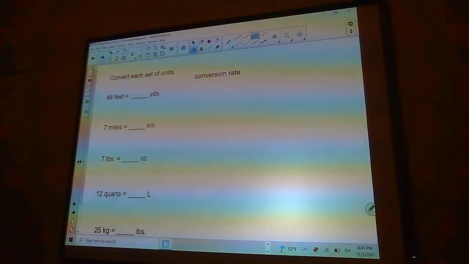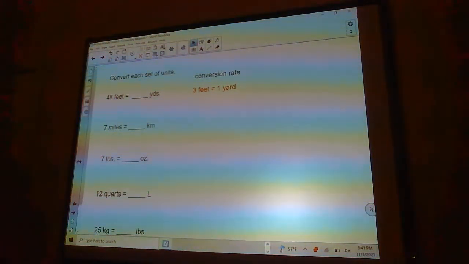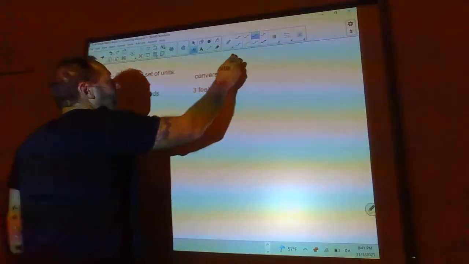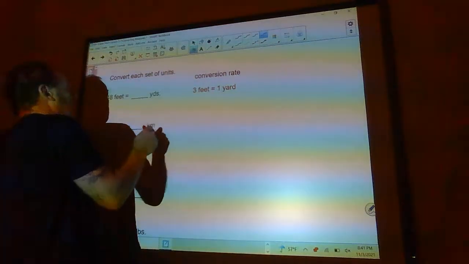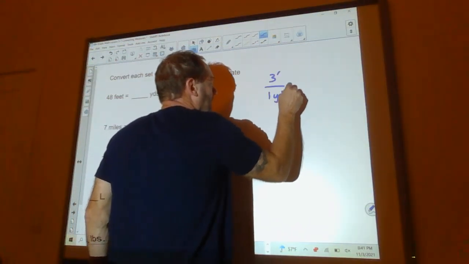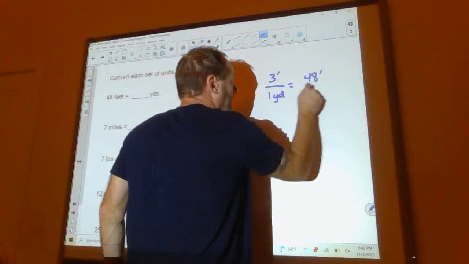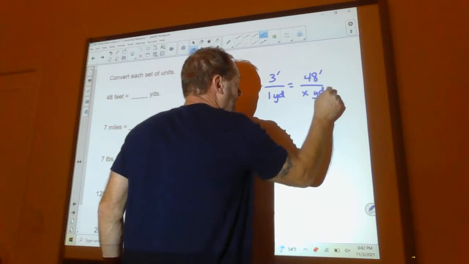Okay, so we're going to find 48 feet is how many yards? Well, we need a conversion rate. So 3 feet is 1 yard. Okay, so I can say 3 feet is to 1 yard as 48 feet is to x yards.